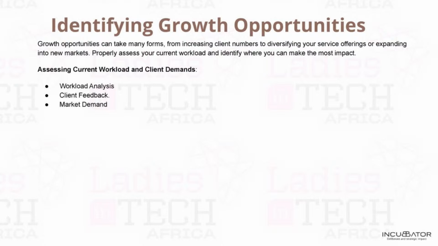So, for example, you want to find out how you are spending your time in terms of work. How much time am I allocating to what? You do a workload analysis, break it down. How are you currently spending your time? Are there any tasks that are repetitive, that are time-consuming, that you feel like if I give this to another person, it will not really affect anything?